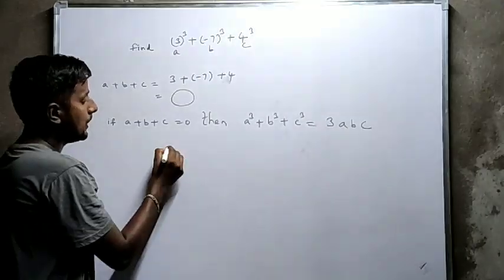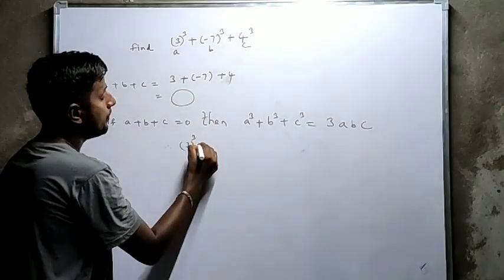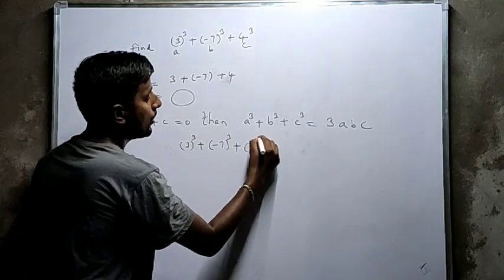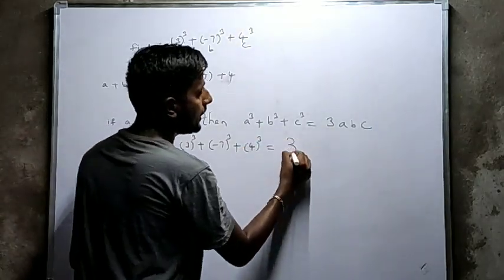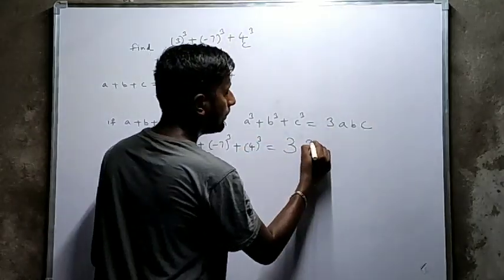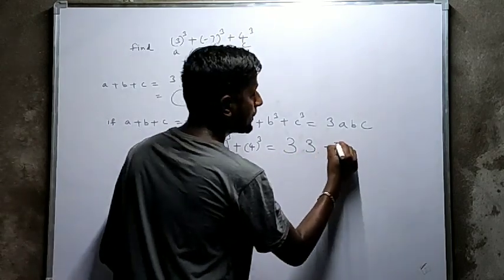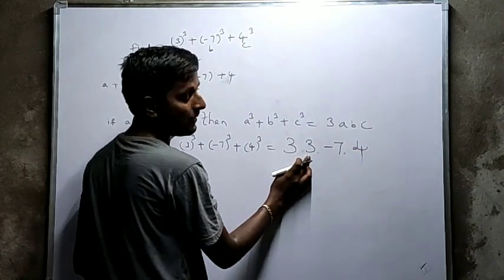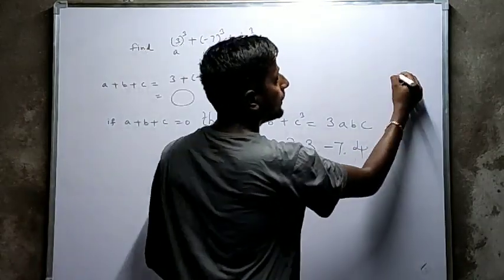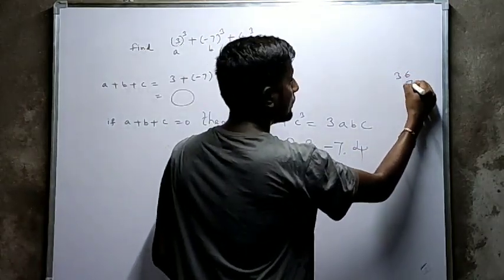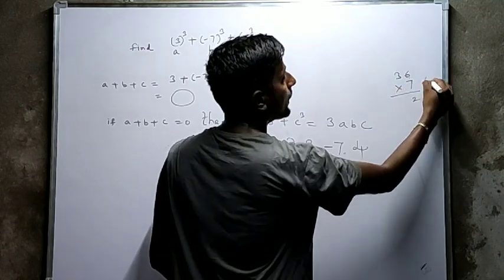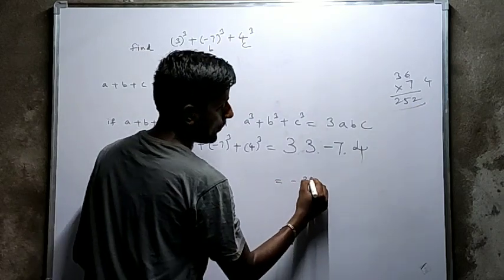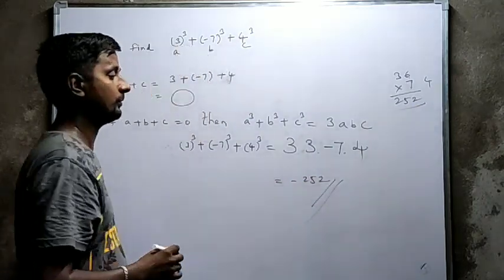Therefore 3 whole cube plus of minus 7 whole cube plus 4 whole cube is equal to 3 into a value 3, b value minus 7, c value 4. 3 3s are 9, 9 4s are 36, 36 into 7, 42, 4 carry, 21, 25, so minus 252. That is the answer.